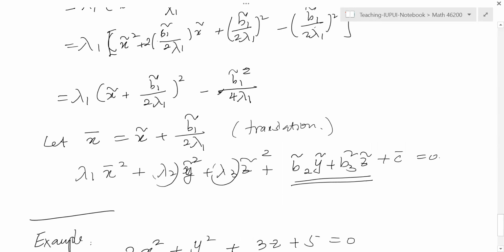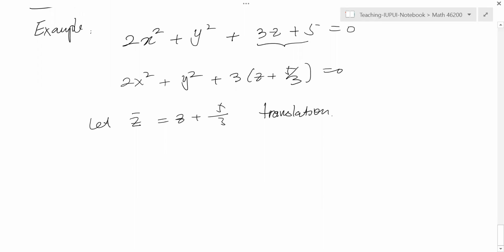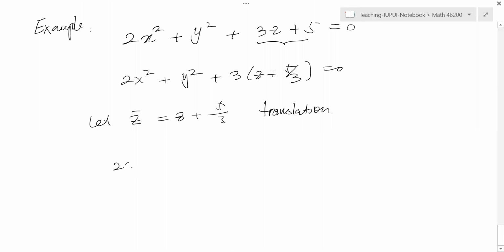All right, and then what do you get? You get 2x² plus y² plus 3 z bar equals 0. Rotations and translations do not change the shape of the graph. You just rotate the 3D picture in space or move it around, but it does not change the shape of the graph.